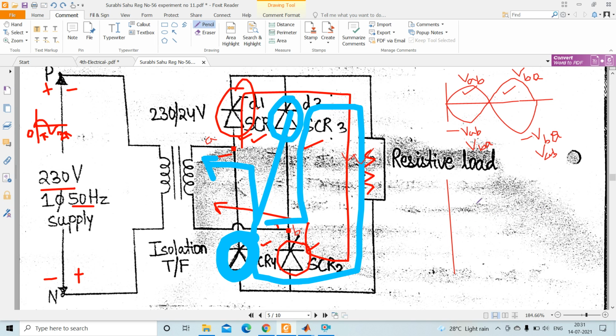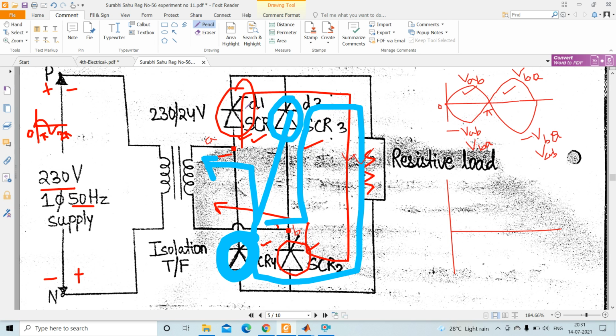You get the output in this form. In the case of a diode, you get the output from angle 0 to angle pi, but here there are some changes. When the thyristor is forward biased, it is not in the on position, it is not triggered.